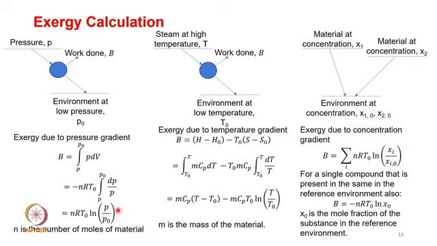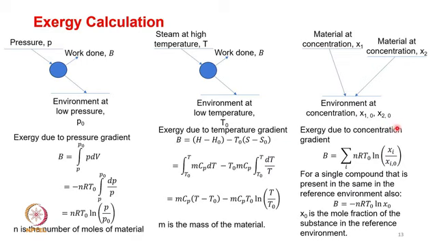So now look at the third case. This is like pressure; here it is concentration. Now look at a case where we have concentration: your material at concentration x1, the material at concentration x2, and eventually the environment at concentration x1 naught and x2 naught. In this case the work done would happen due to the concentration gradient, while the earlier was a pressure gradient, and this is a temperature gradient.